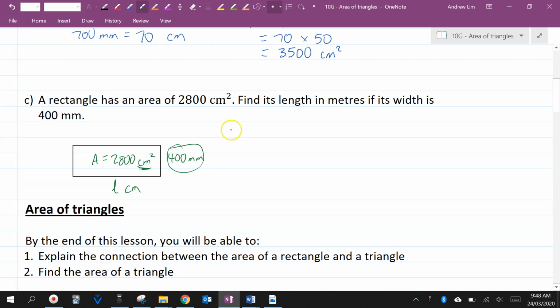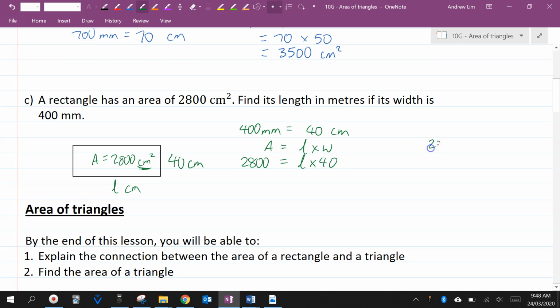So what I need to do is convert that width of 400 millimeters into centimeters by dividing by 10. So I'm just going to replace this with 40 centimeters. So because we know that the formula for the area of a rectangle is length times width, and that the area is 2,800 square centimeters, what number times 40 will give us 2,800?